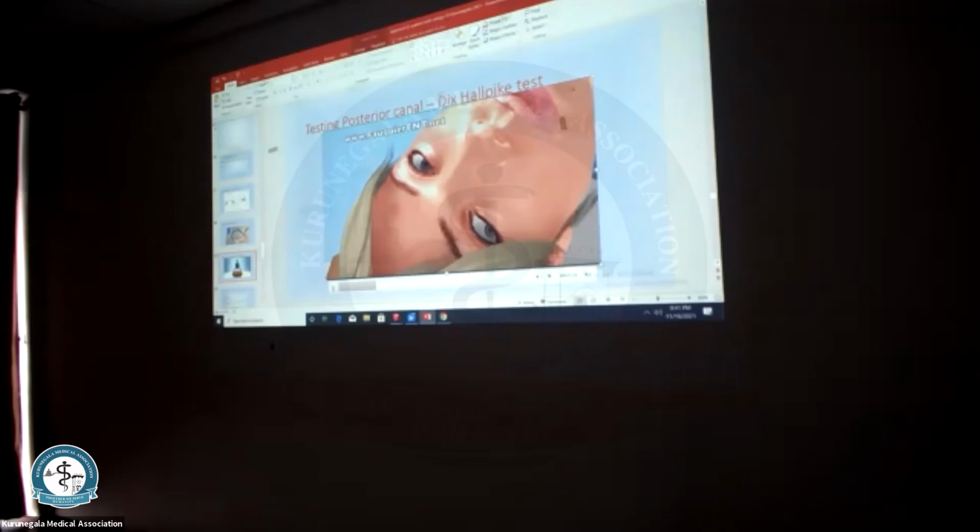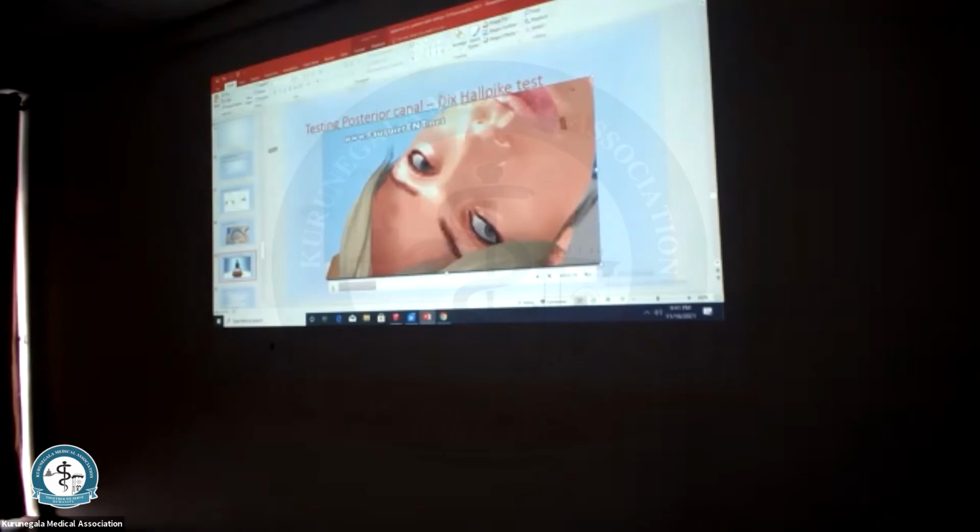upward movement. The thing with this nystagmus is that it doesn't come as soon as you move the patient to that position. There's a little delay, and it will increase afterwards and then wear off. This is to do with the pathology of BPPV.